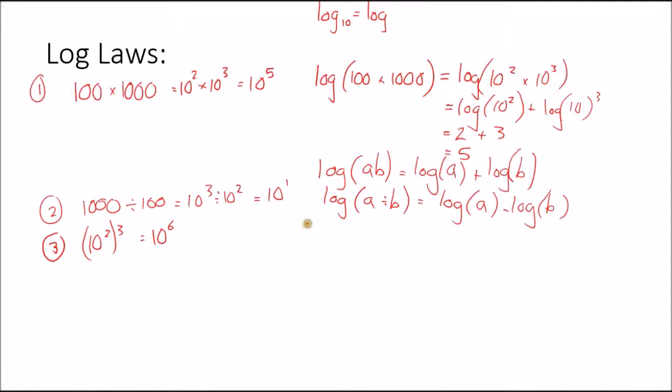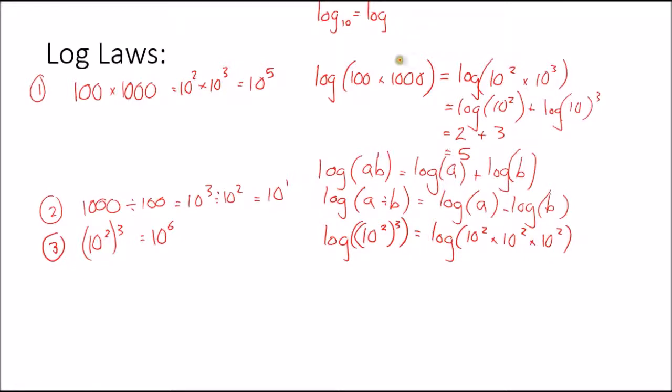Because what you're doing is, if we're going to do this one, log of 10 squared, and that's all cubed. Now remember that 10 squared cubed is the same as log of 10 squared times 10 squared times 10 squared.